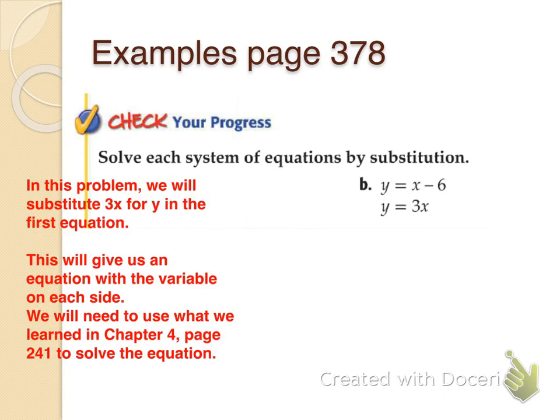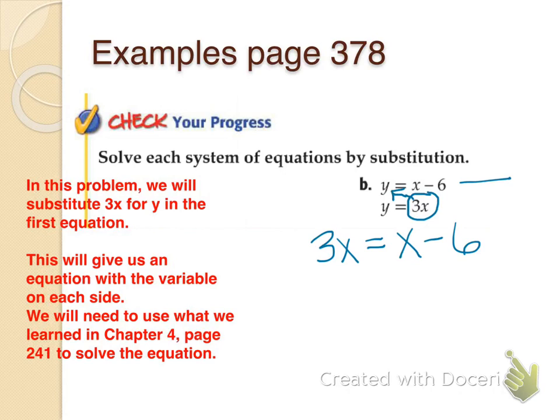Alright, looking at this one, we have y equals x minus 6 and y equals 3x. Okay, so we're going to substitute this 3x in for the place of y in the other equation. So instead of y, I know y equals 3x, so I'm going to write 3x equals x minus 6.